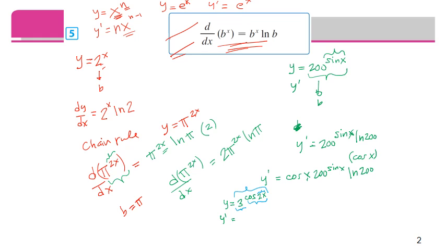So we will have b to the x. Our b to the x will be the same, 3 to the cosine of 2x, and then ln of b, so ln of 3, and then the derivative of the inside function, we just put this in a parenthesis. So what's the derivative of cosine of 2x?